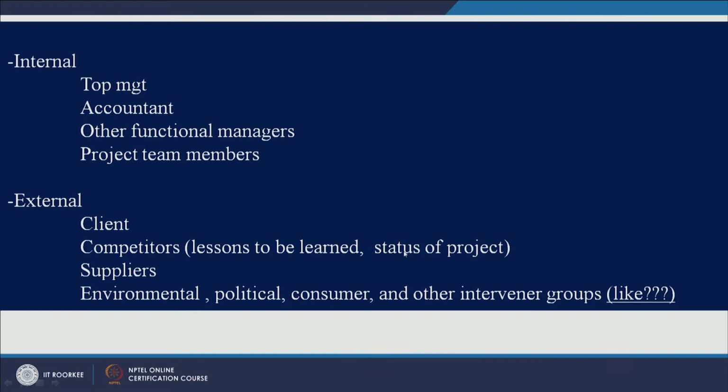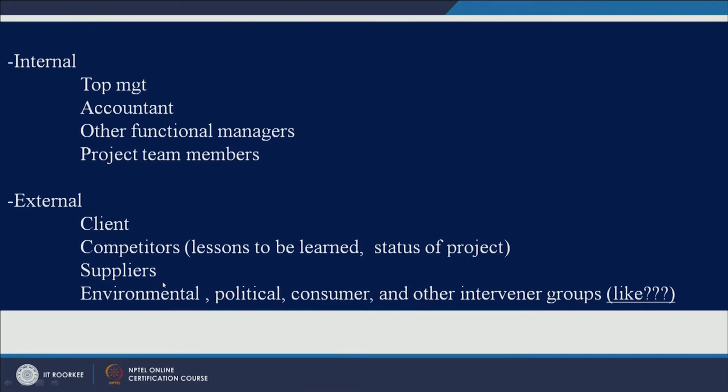The status of the competitor's project would also affect your project. Let us say if I am a builder, I am making 100 flats, but my competitor makes 100 flats before I make 100 flats, I would be at a loss, right. So, the status of the competitor's project will affect my projects.